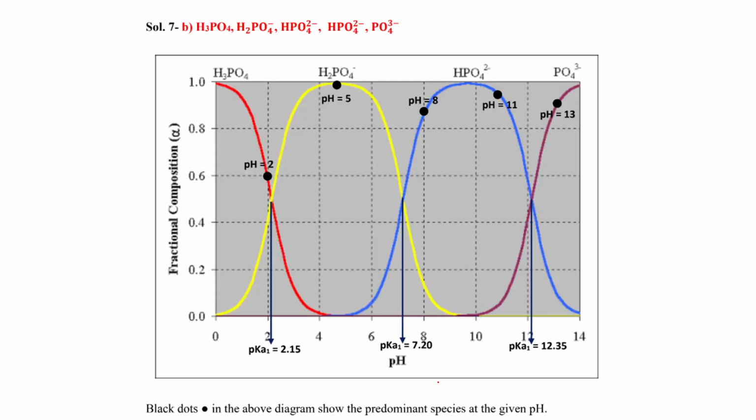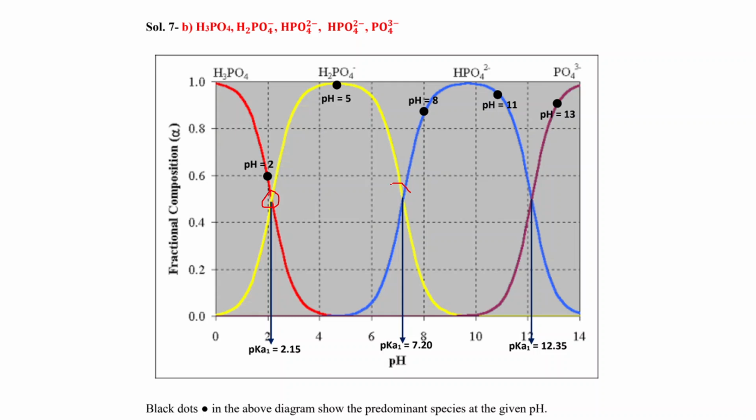We'll see the solution now. So this is the alpha versus pH diagram. So see, this is how we got how this H3PO4 is coming down at certain pKa1. At pKa1, H3PO4 is equal to H2PO4.